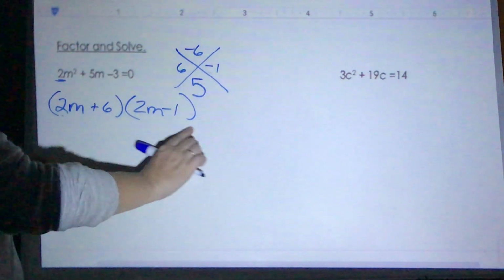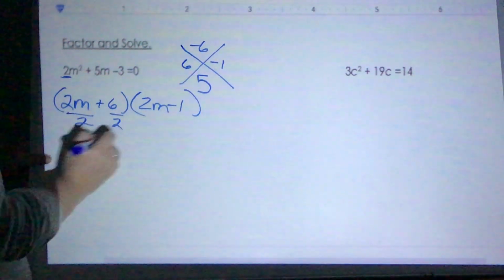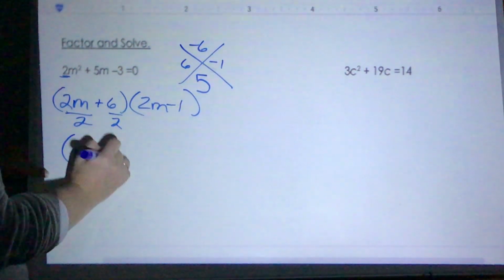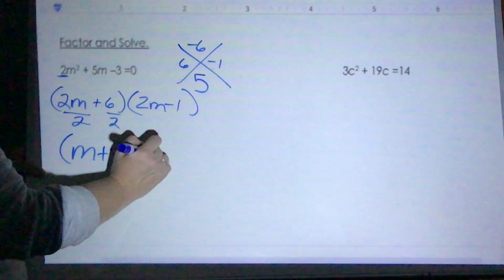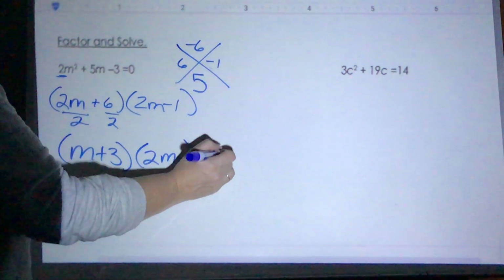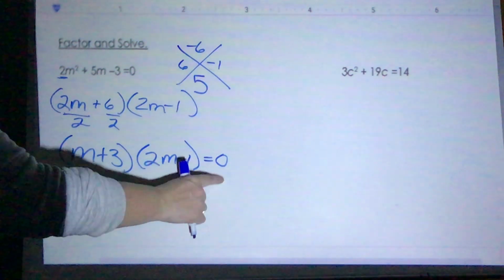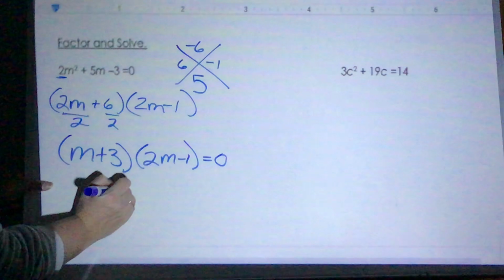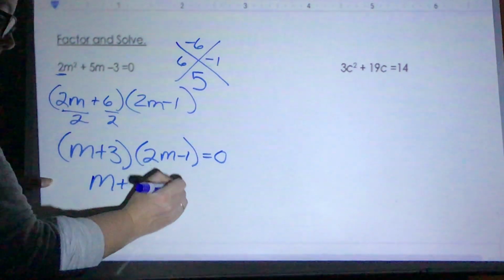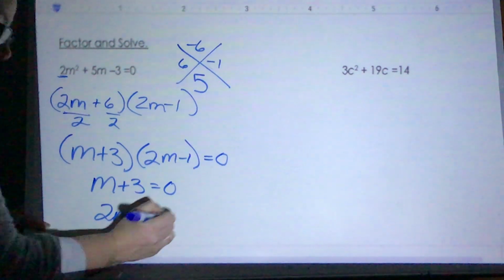This parentheses can't be scaled down, but this one can. They can both be divided by 2. So I'm going to get m plus 3 as one parentheses, 2m minus 1 as the other, and this equals 0. I'm asked to solve it, so if this times this equals 0, either m plus 3 equals 0, or 2m minus 1 equals 0.